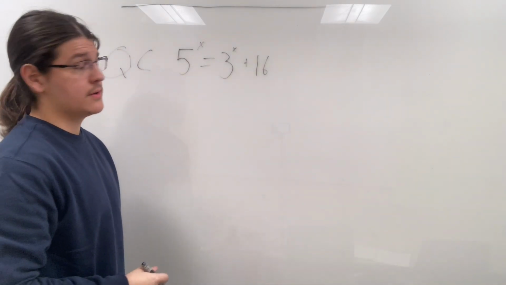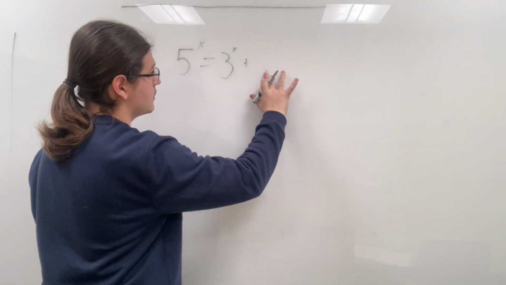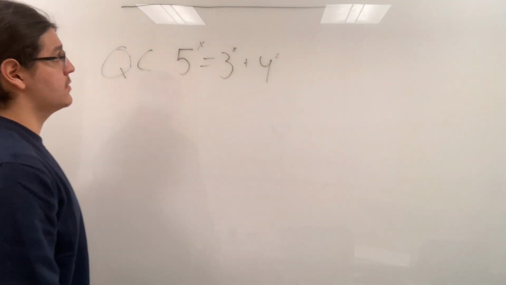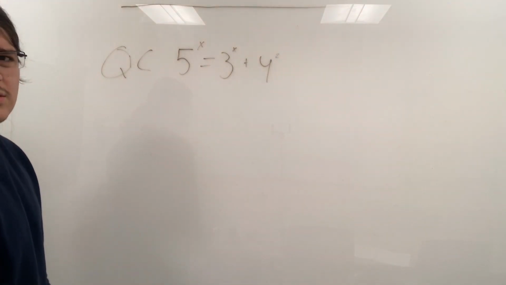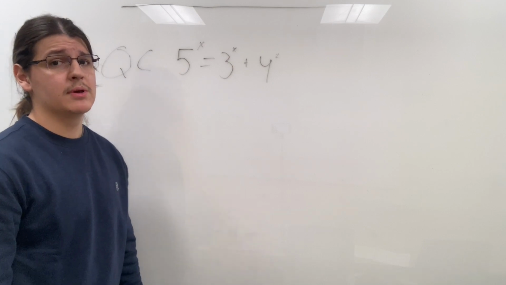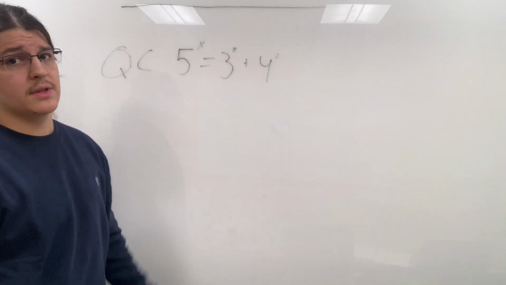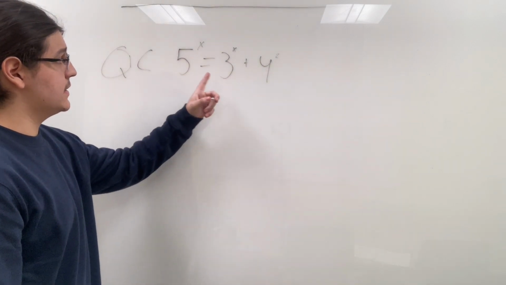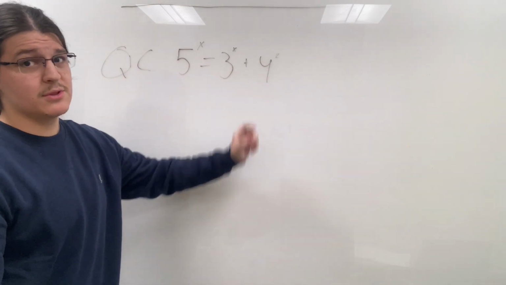That is 4 squared. Now we have some more exponents to play with. But now what? What's the next step? To be honest with you, I don't know, because I solved this doing something different. I solved this because this equation looks very similar to me.